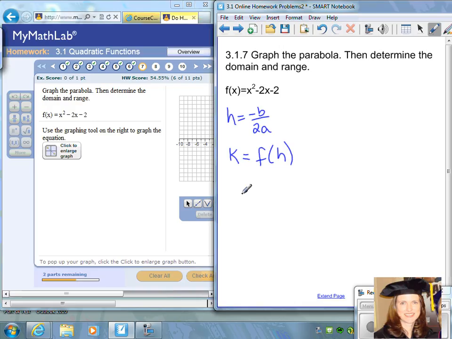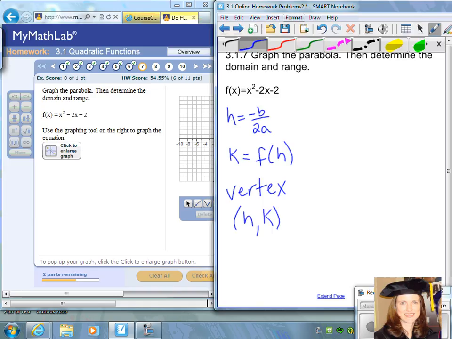And that's going to give us our vertex, which is h, k.